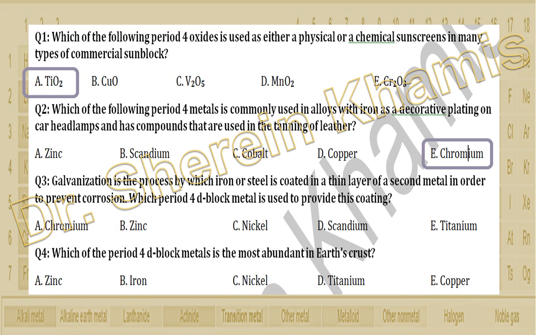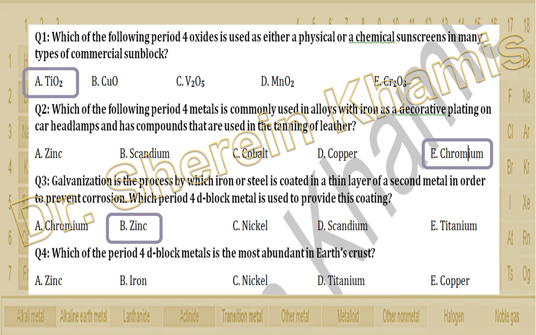The effective one is zinc metal, or the zinc layer, as it protects from corrosion. So we have chromium, zinc, nickel, scandium, titanium. The most effective one that protects iron or steel, the coated upper layer, is made from zinc.